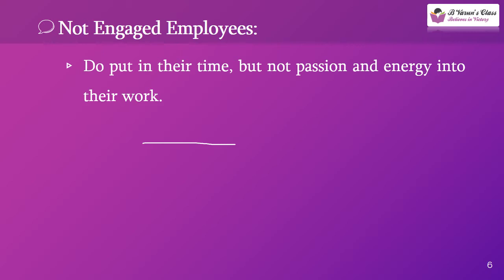They always want their name to be projected and to come to the top, to be appreciated, but they are not showing any kind of energy into their work. This kind of people will do only what is asked. They are not going to do anything over and above.